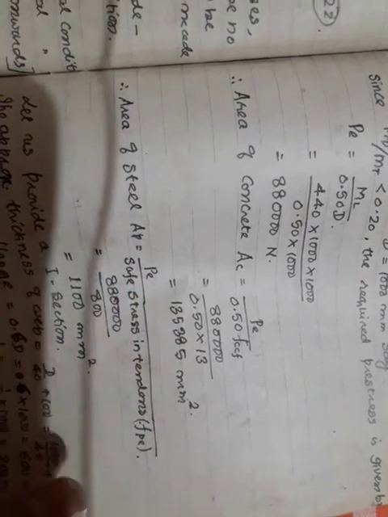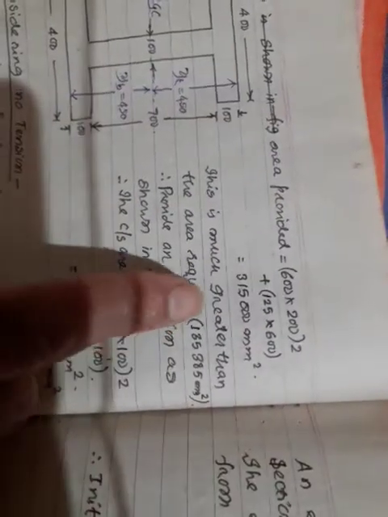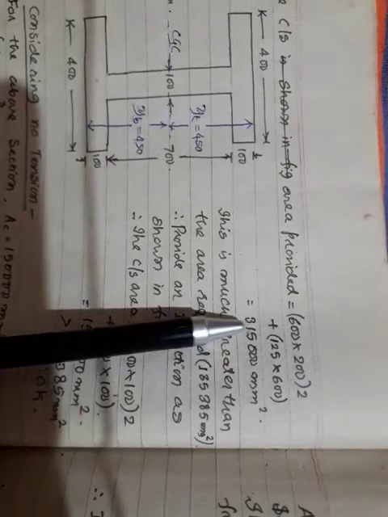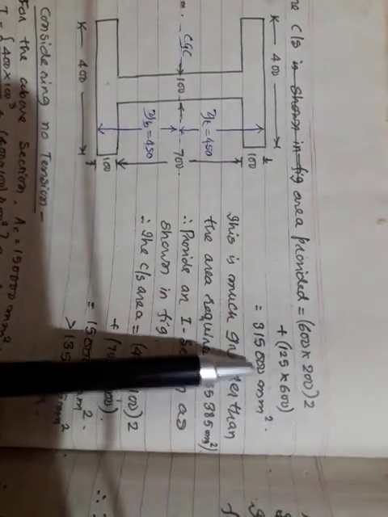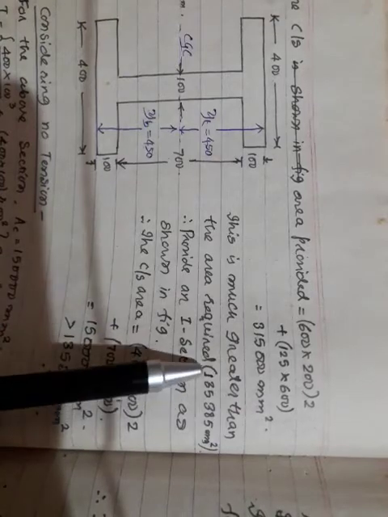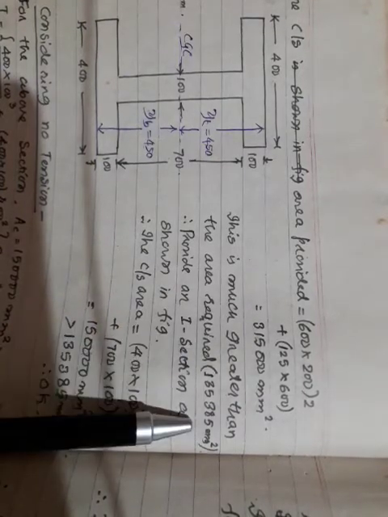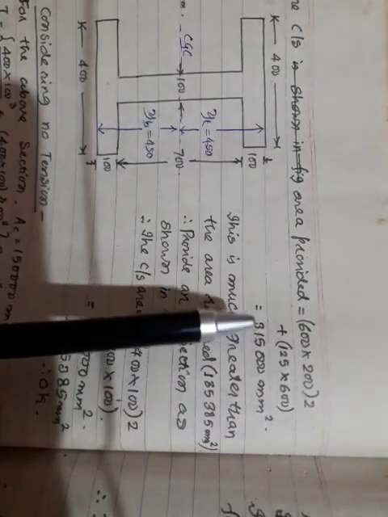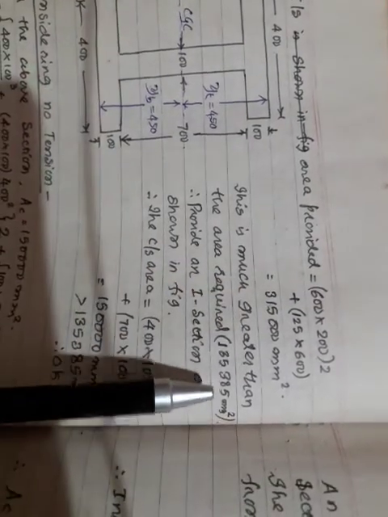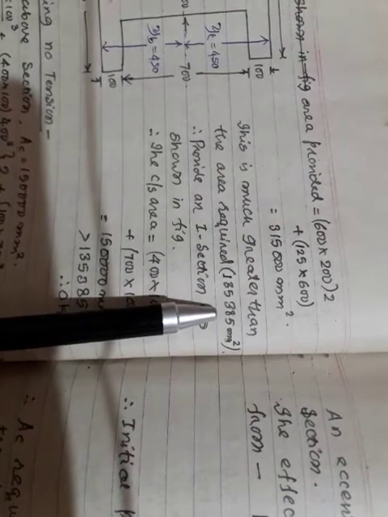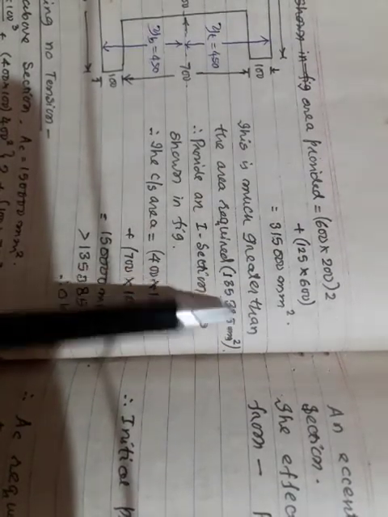But you have given 315000, which is much greater than 135385. In the sense, you are giving a much bigger area, so it may become highly uneconomical. Understood or not? So now you have to revise the section.